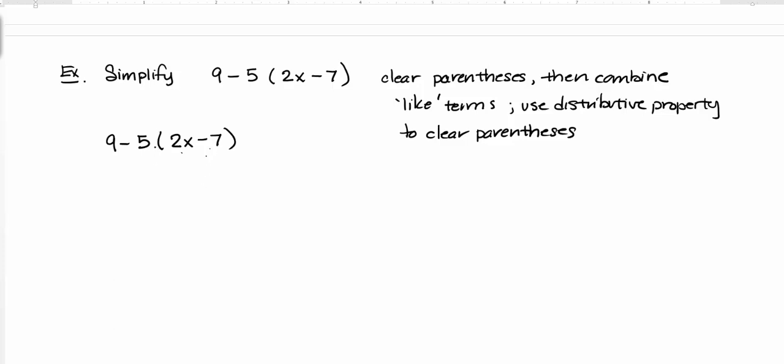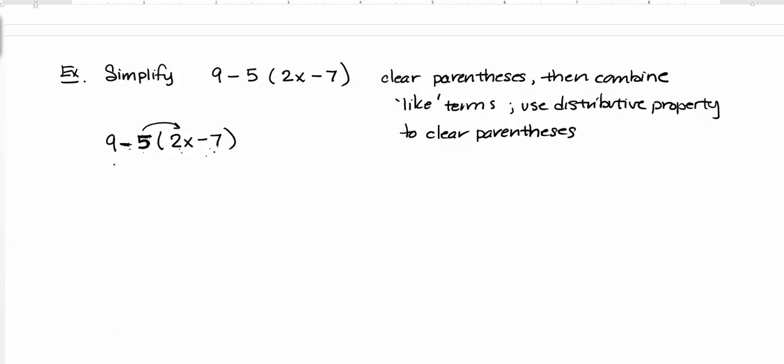The next thing I need to do is get rid of the parentheses, so I take this negative 5. The expression directly in front of the parentheses is what gets distributed to each term inside the parentheses. So I have to take my negative 5 times 2x, and my negative 5 times a negative 7.